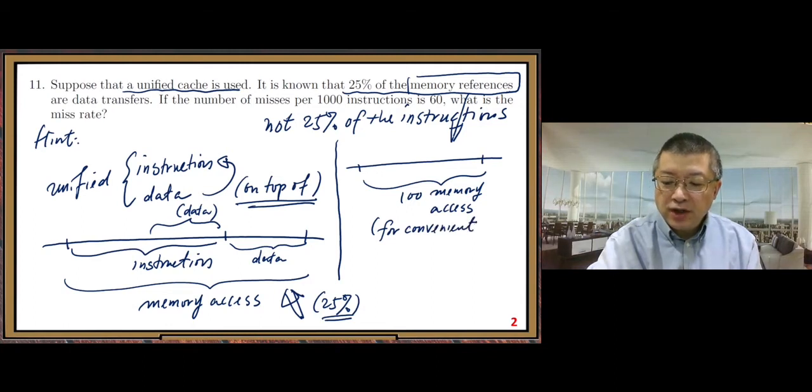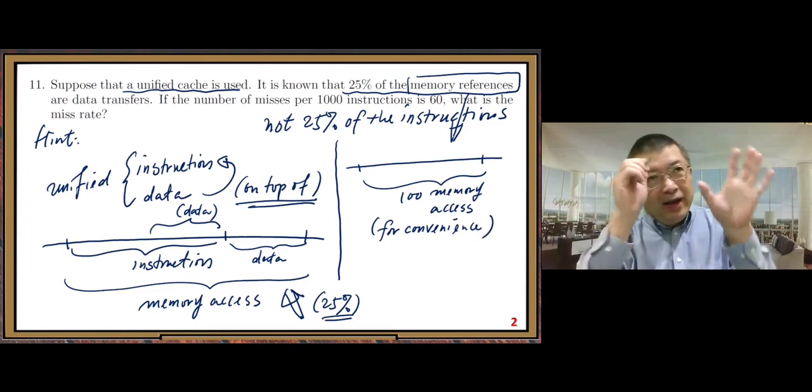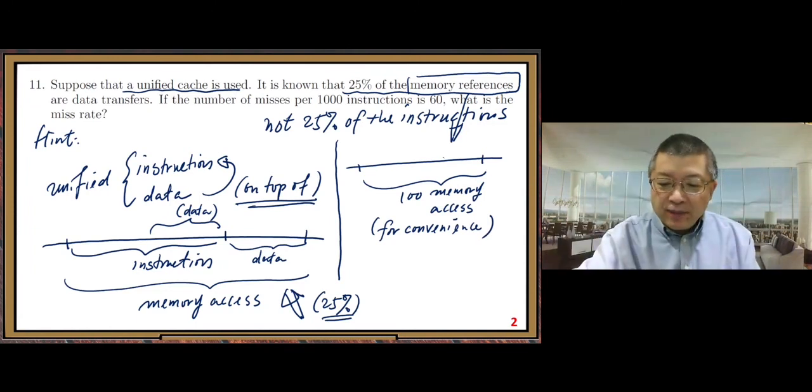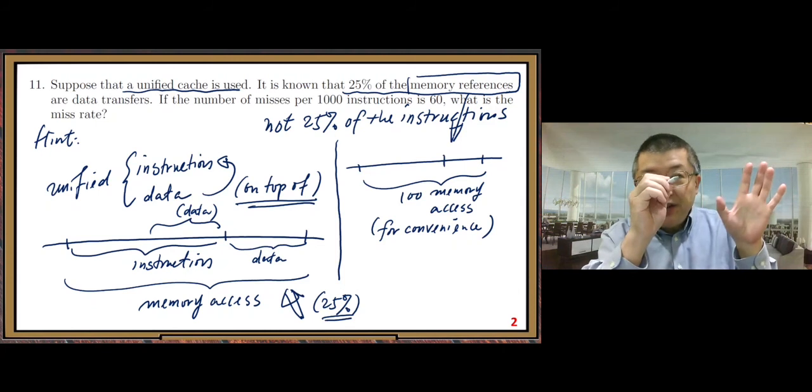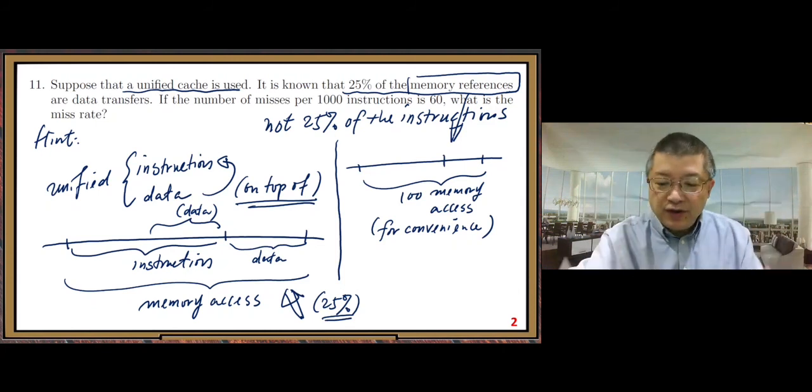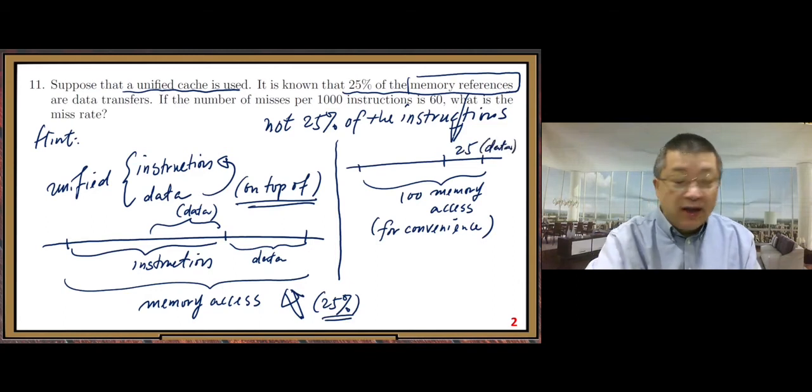Then 25% are data transfers, that's 25 data transfers. The remaining 75% are instructions.